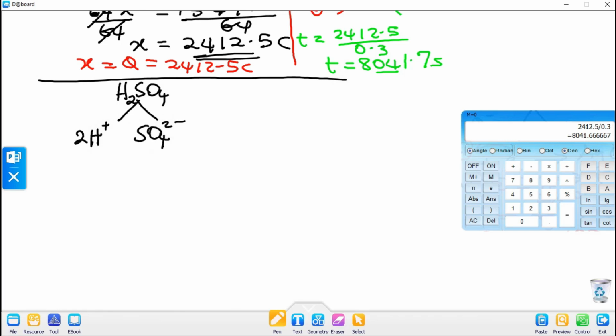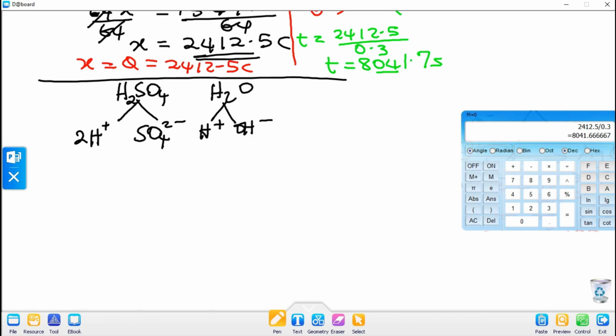This is what happens. Sulfuric acid will split into hydrogen ions and SO4 ion. Of course, it is sulfuric acid in water. So we also have this.